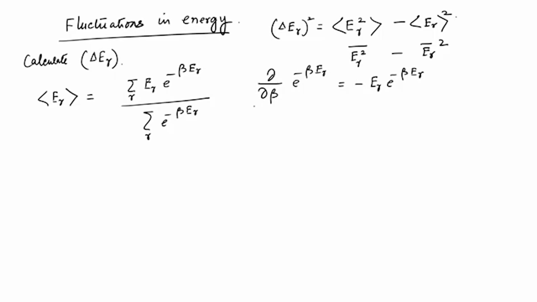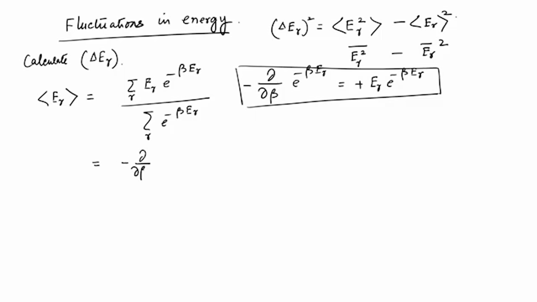Then you absorb the minus sign, and so on. This is a trick that is widely used in order to write these averages in a closed and nicer form. So this can be written as minus del beta of log of Z, and this is nothing but equal to U, the internal energy.